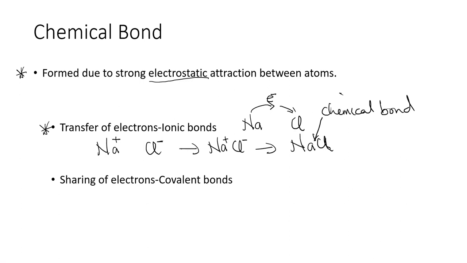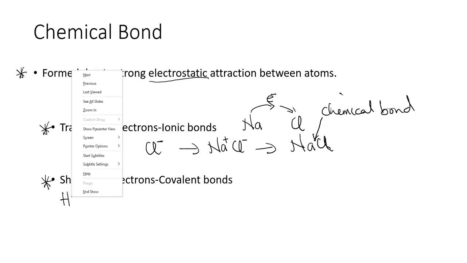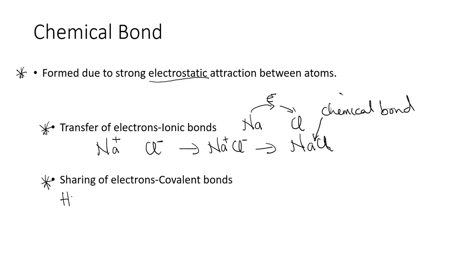Another way of forming a chemical bond is through sharing of electrons. Now, for example, if you have hydrogen that has a single electron, so let me just put the electron here, and then you have another hydrogen that also has a single electron.